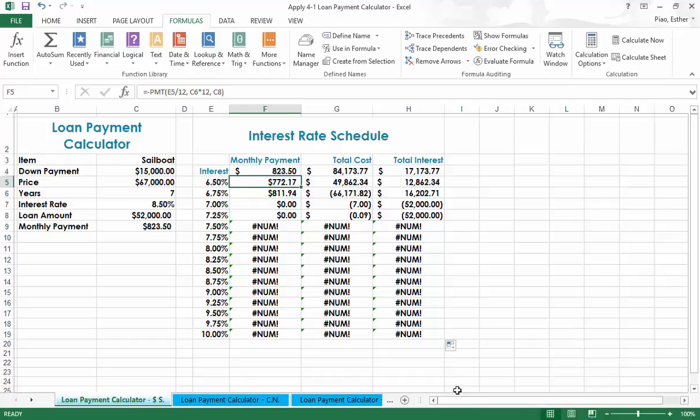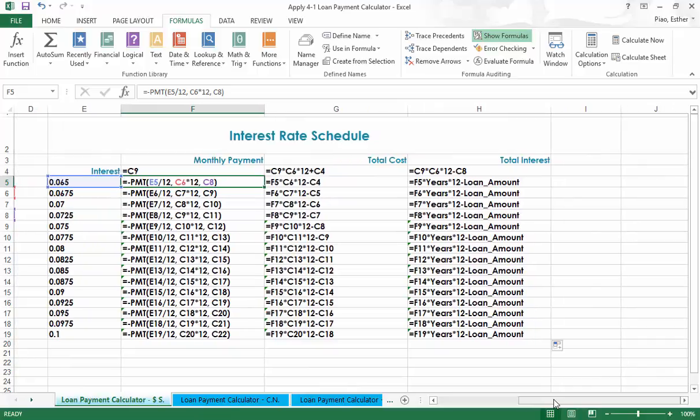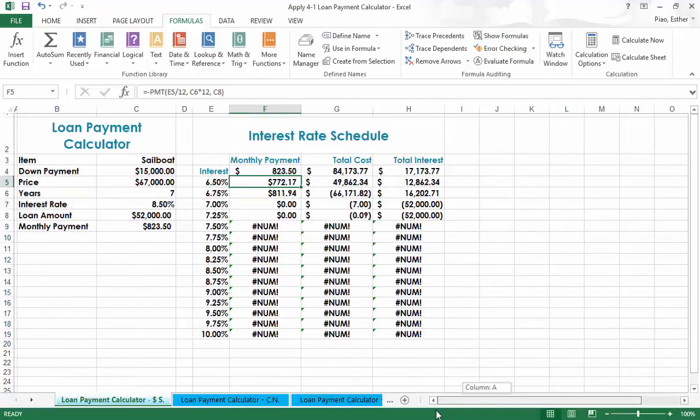Is there any way we can prevent the ranges from shifting? Of course. One way to prevent ranges from shifting is using the name, like here. If you have used names, the ranges won't shift. This is one advantage of using the cell naming function. Another way to do that is putting a dollar sign, to have an absolute reference instead of a relative reference.